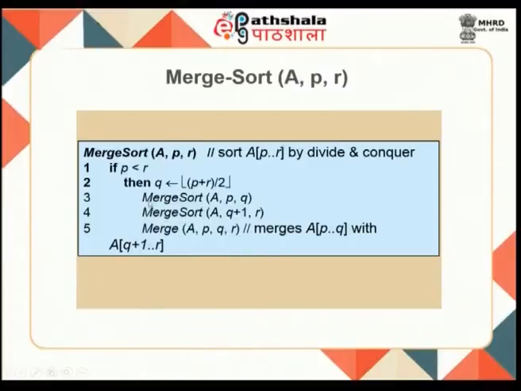So I am just calling Mergesort from P to Q and from Q plus 1 to R. And once I recursively call this, this leads to the sorted array of the subarrays. Then finally I am trying to merge everything to get the global list.